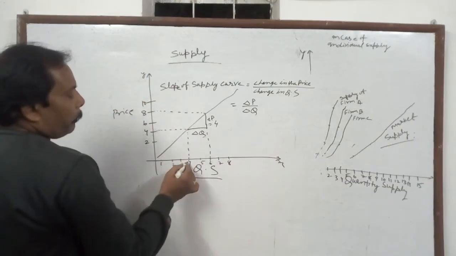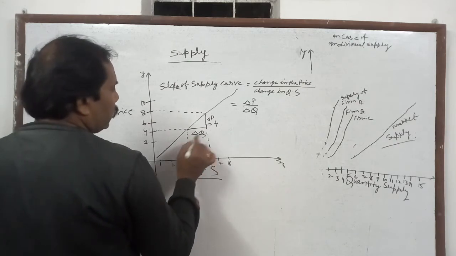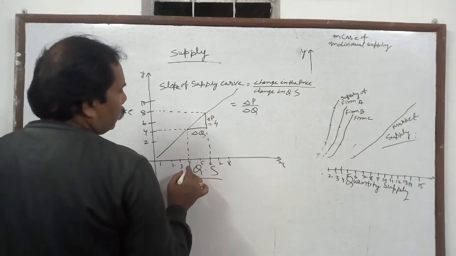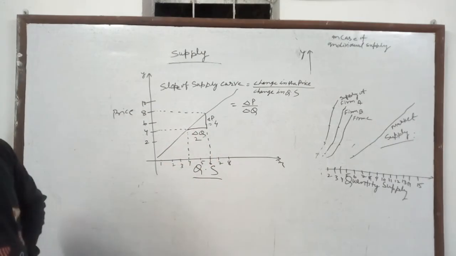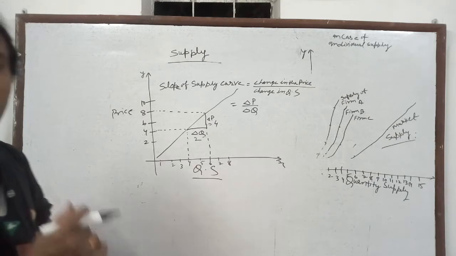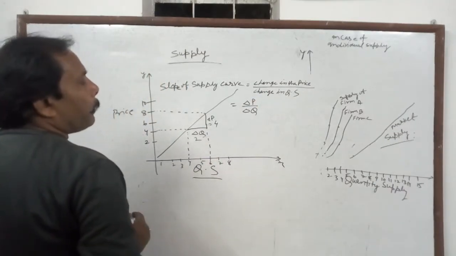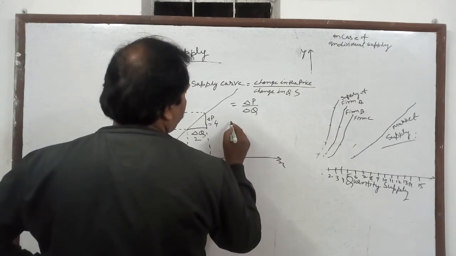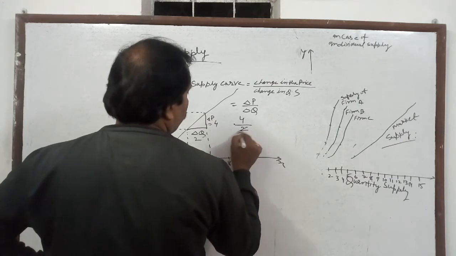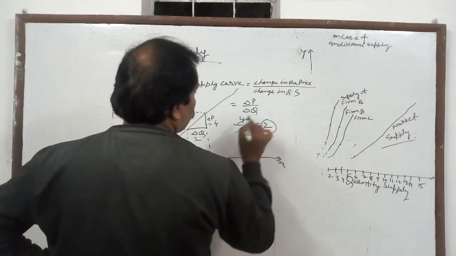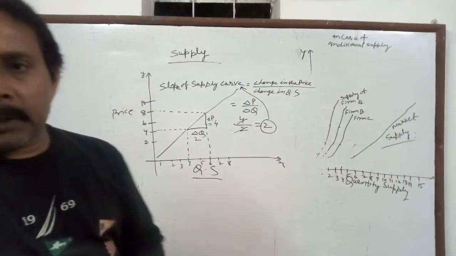Initially supply was 4, now the supply has increased, so delta Q is equal to suppose 2. So we can calculate the slope of supply curve, which is delta P, that is 4, divided by 2, equal to 2. So 2 is nothing but the slope of the supply curve.